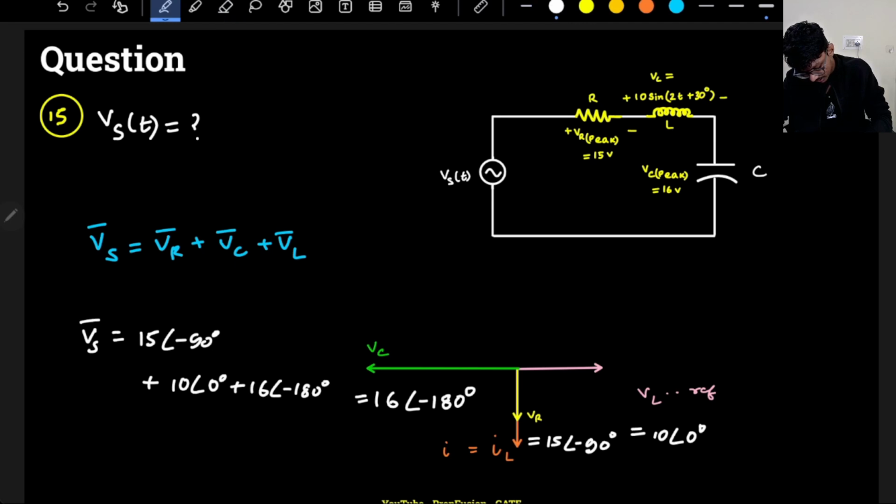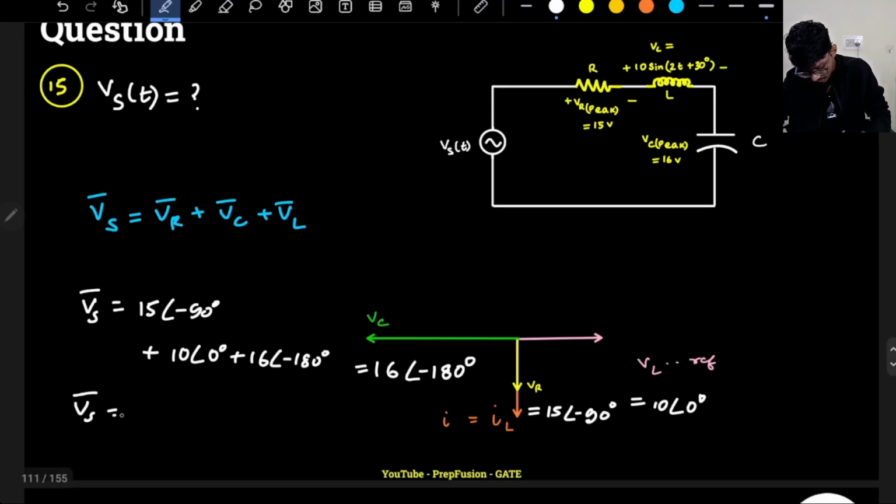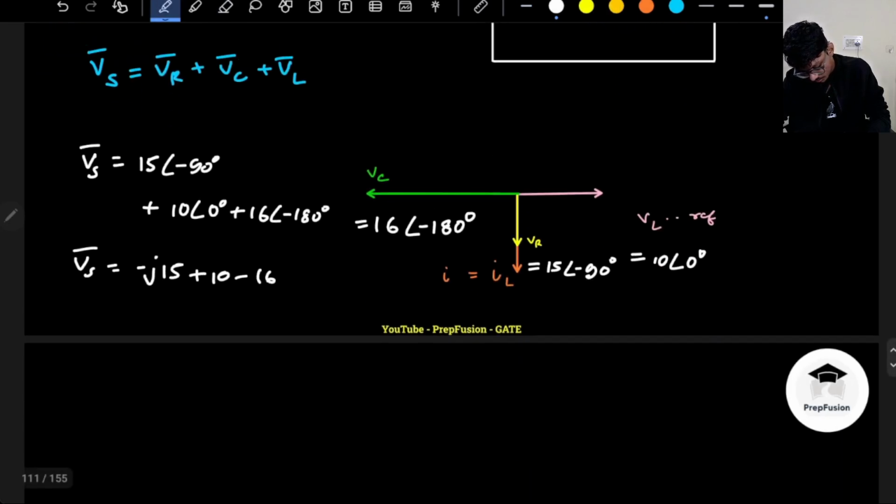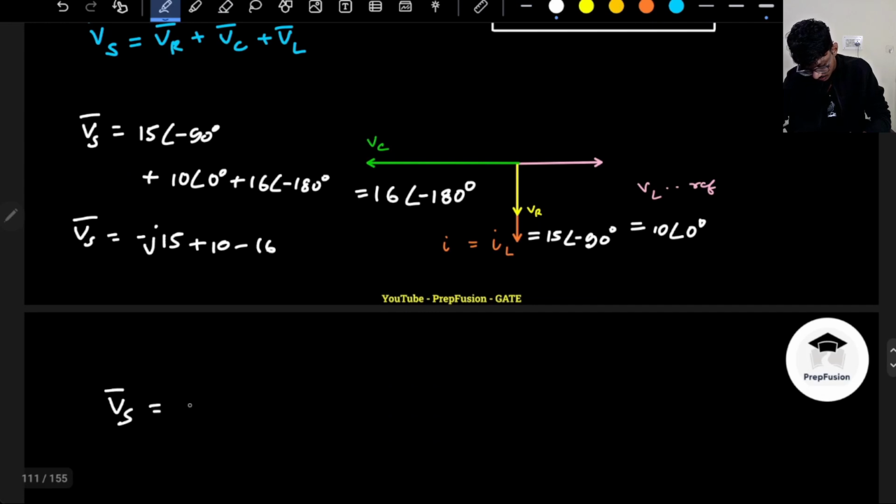So ultimately what it comes out to be is 15 minus j15 plus 10 minus 16 basically. So your Vs will come out to be minus 6 minus j15.